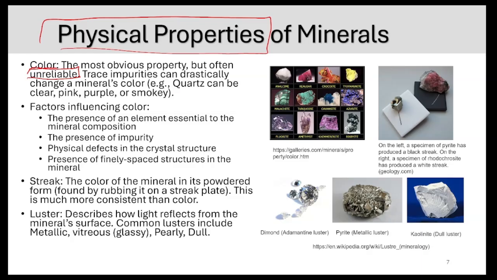For example, if you look here, we can find quartz that's clear, pink, purple, or smoky based on the impurities it contains. And some of the factors that influence the color are the composition of the mineral, the elements that the mineral is made up of, and if there are any impurities, that will also change the color.